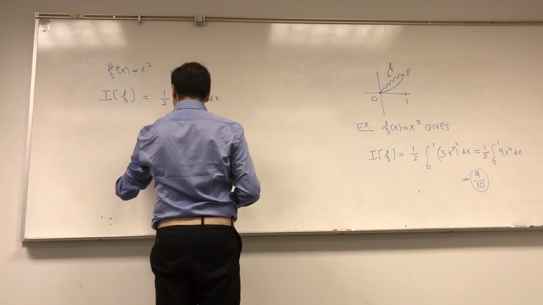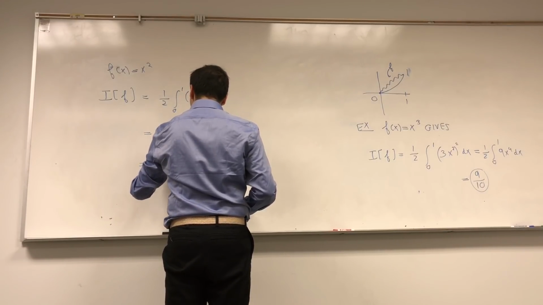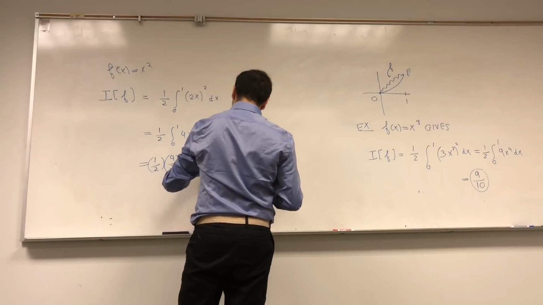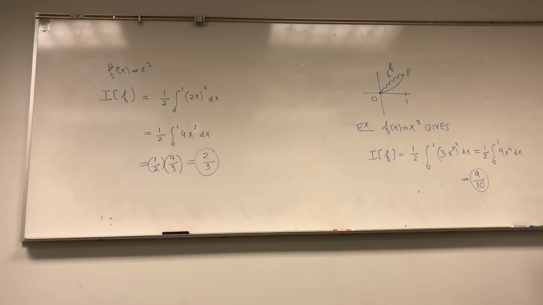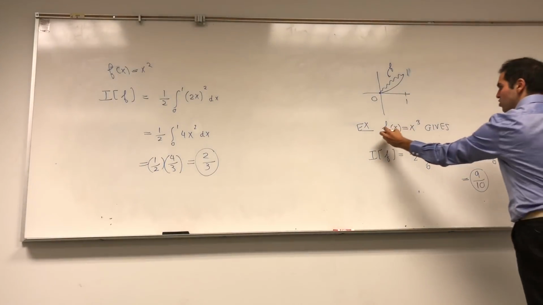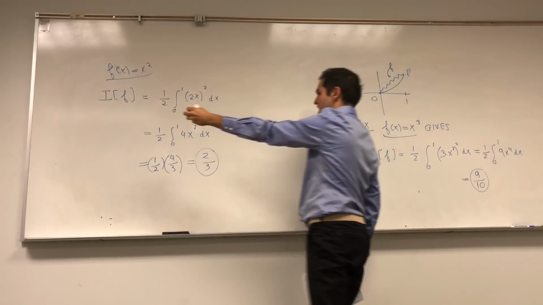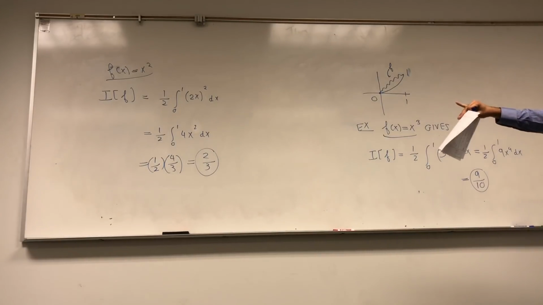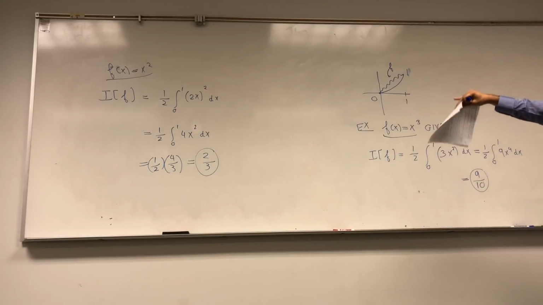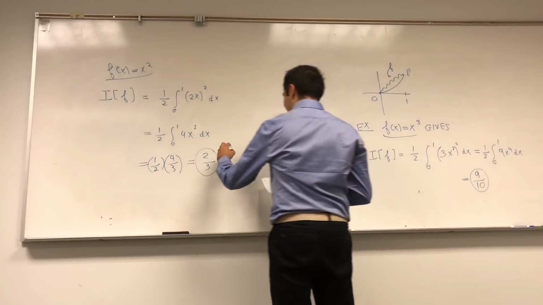Okay, sorry about that. 1/2 times 4/3, so it gives you 2/3. And you can already see, if you had to choose between the function x cubed and the function x squared, then x squared is a winner, because it takes less energy to calculate I with x squared than to calculate I with x cubed. So this is a better thing, right?